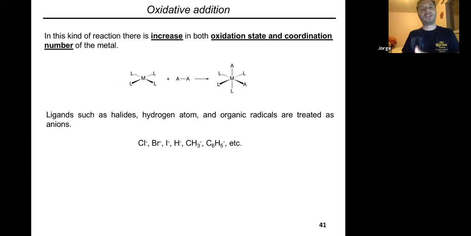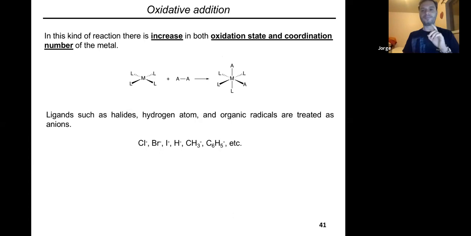Oxidative addition usually starts with a square planar complex. Why does it start with a square planar complex? Because this kind of complex has low coordination number, equal to 4. Therefore, we can add ligands to expand the coordination number and usually forming an octahedral species.